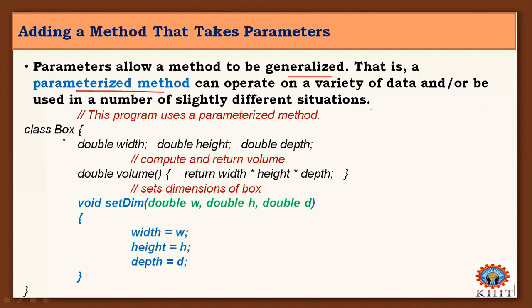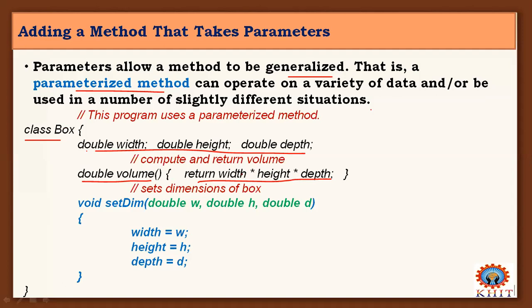See here, take the same Box class to understand better. I have instance variables like width, height and depth, and a double method volume, and it simply returns the volume by multiplying these three values, as we did in the previous example.